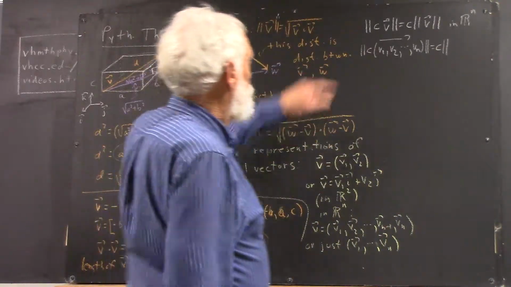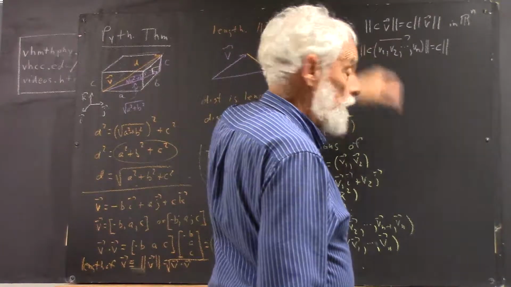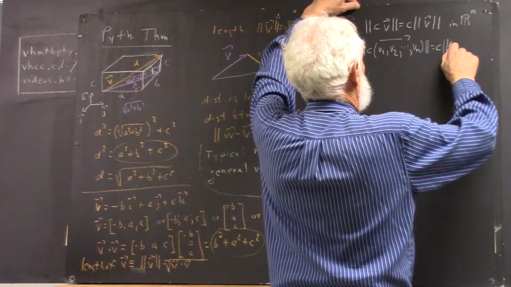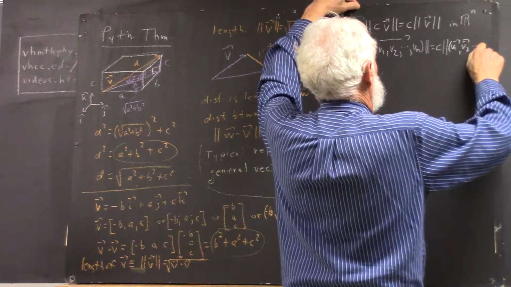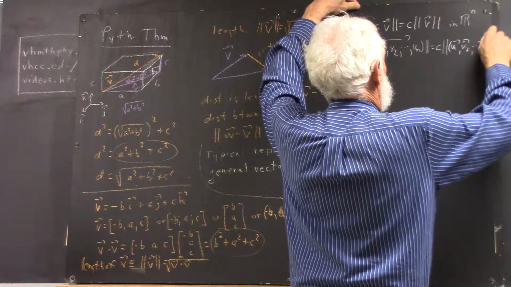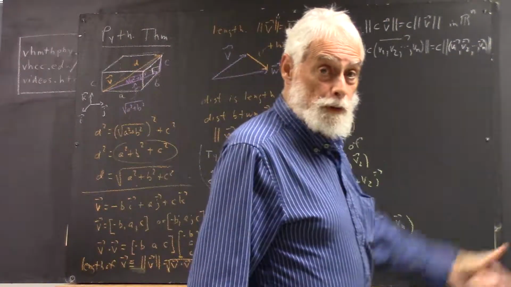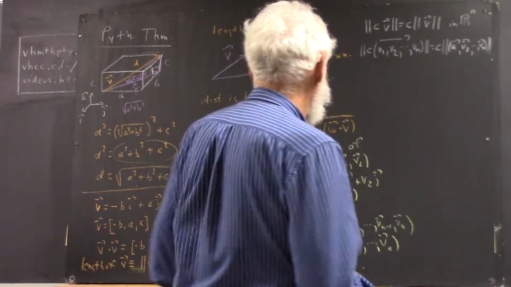So, on the left-hand side, we'll have c times your vector V inside the magnitude signs, and then c times the vector V1, V2, dot dot dot, Vn, magnitude signs. Got a little cramped there, but you understand what I've written, okay? Well, now we just write out what this means and what this means.